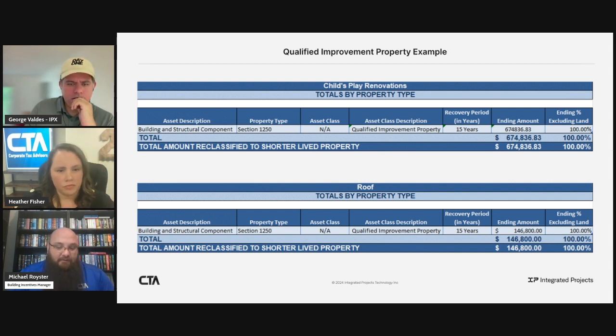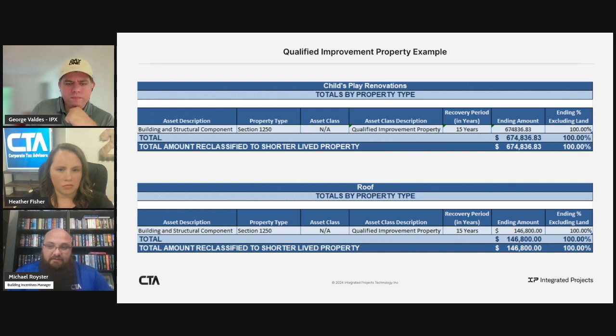They moved around interior walls that were not load-bearing walls. They put up all new drywall in certain areas. They redid some of the electrical and plumbing within the building, added bathrooms for them, those sort of things. And all of that got lumped into a 15-year instead of it going into 39.